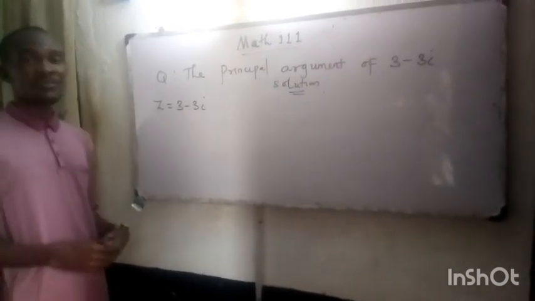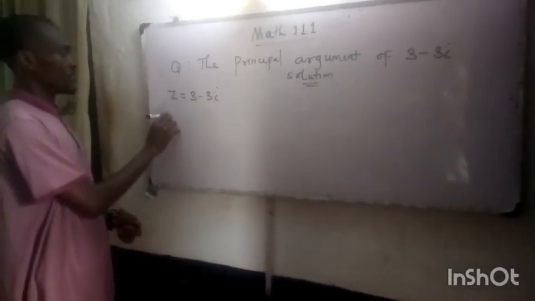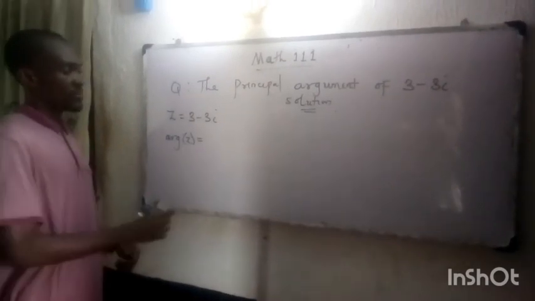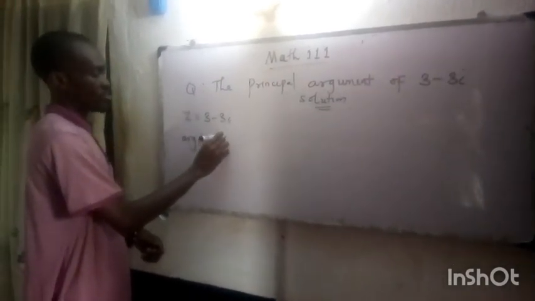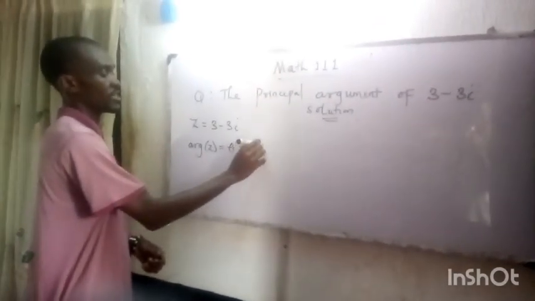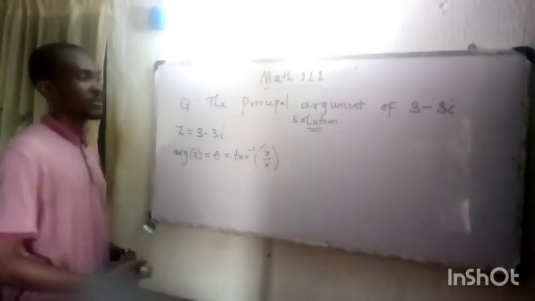And don't forget that our argument for the complex number z is our theta, which is definitely our tan inverse of y over x.